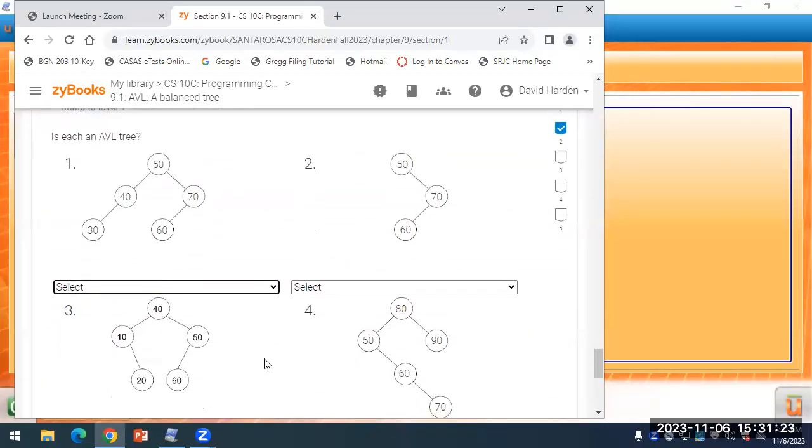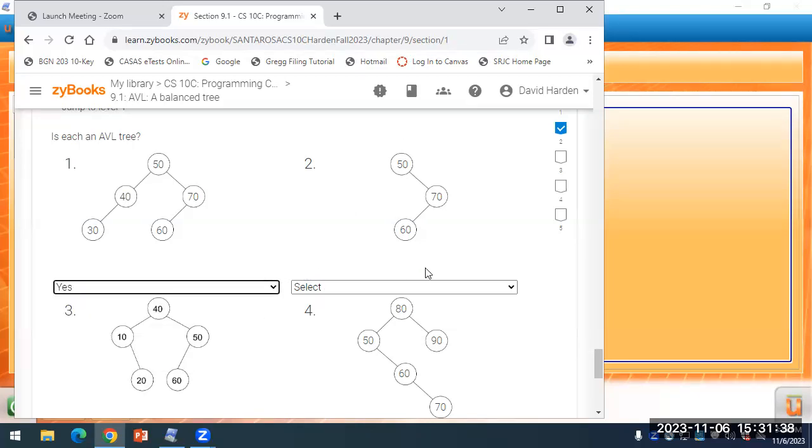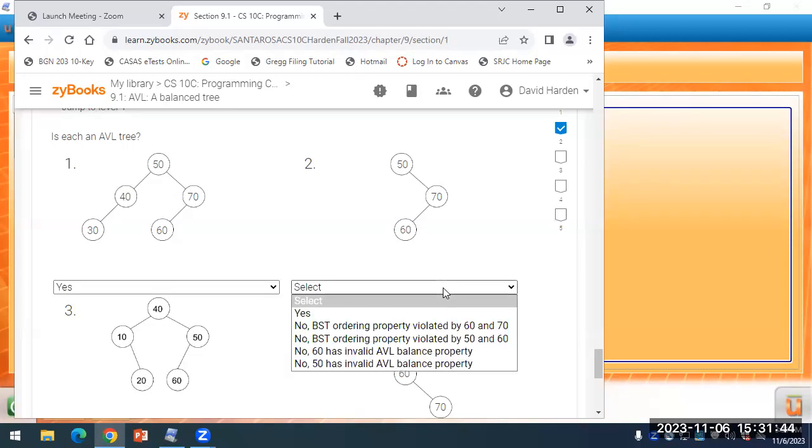Okay. Is this an AVL tree? I believe so. Is this an AVL tree? No, because of which node? 50. 50 has an invalid AVL balance property.